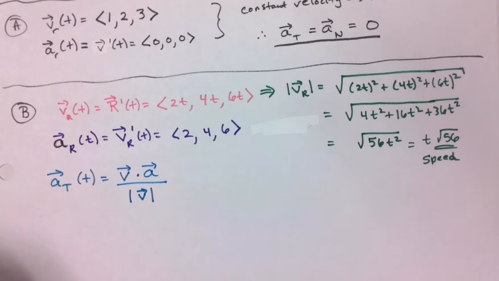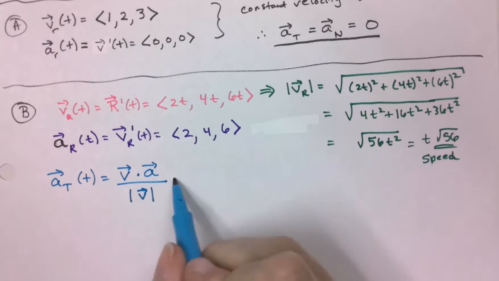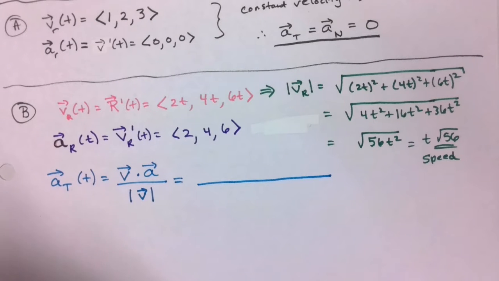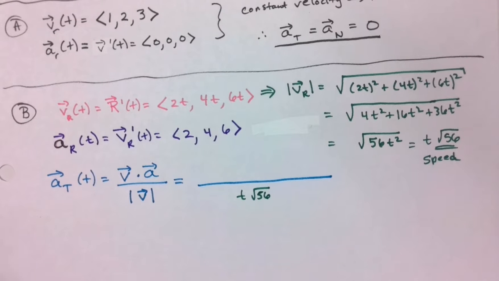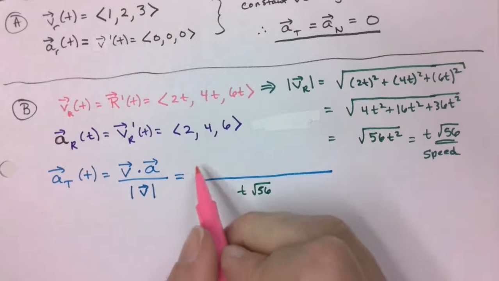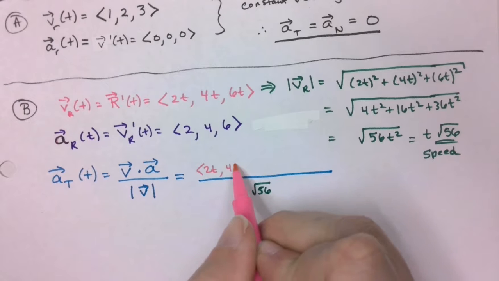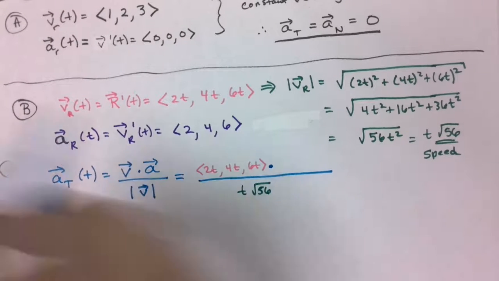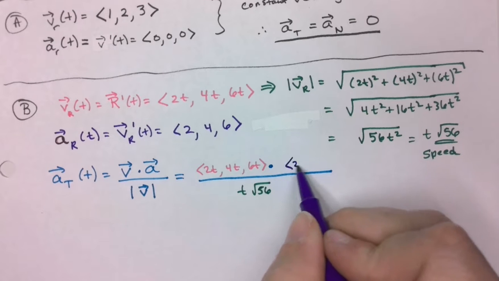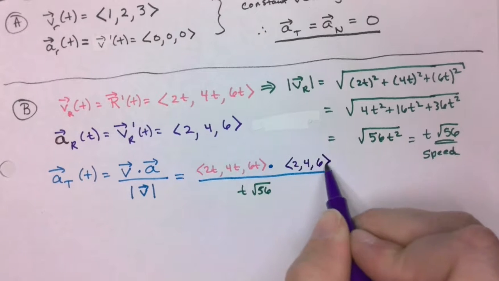Okay, why did I do that? Well, it just makes things a little easier over here, because now I want the dot product, but I want to divide it by that t square root of 56. And the dot product would be the velocity vector, which is 2t, 4t, 6t, dot product with that acceleration vector of 2, 4, 6.